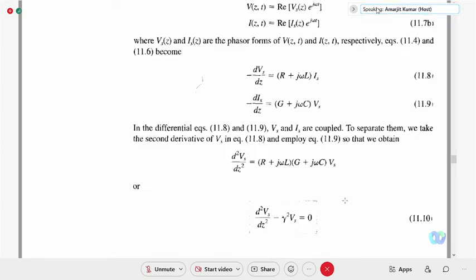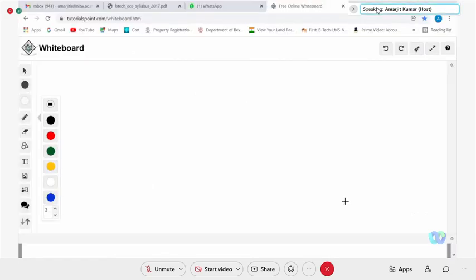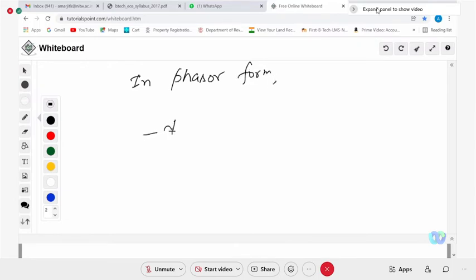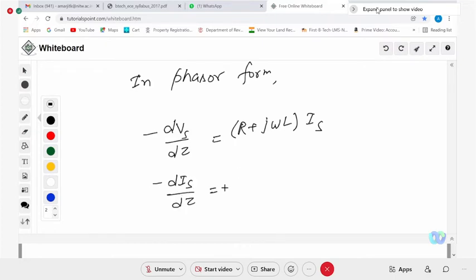So now the question is how to solve these two equations.